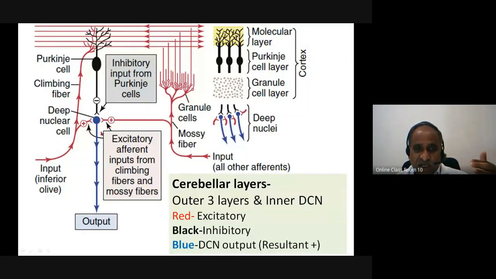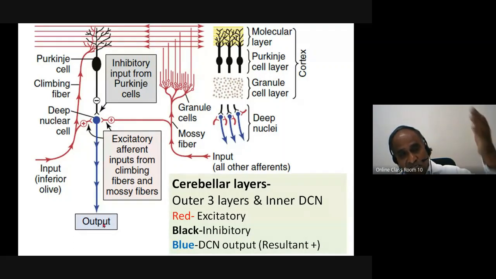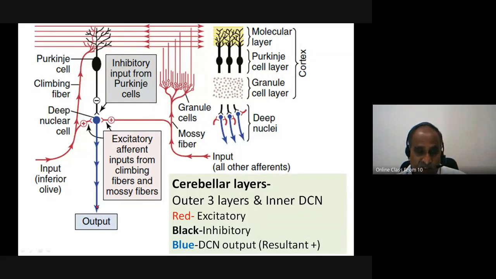This deep cerebellar nucleus gives output to various parts: the midbrain, the red nucleus, the colliculus, thalamus, or cerebrum, or the other parts in the reticular system and the vestibular system. Now come back here.